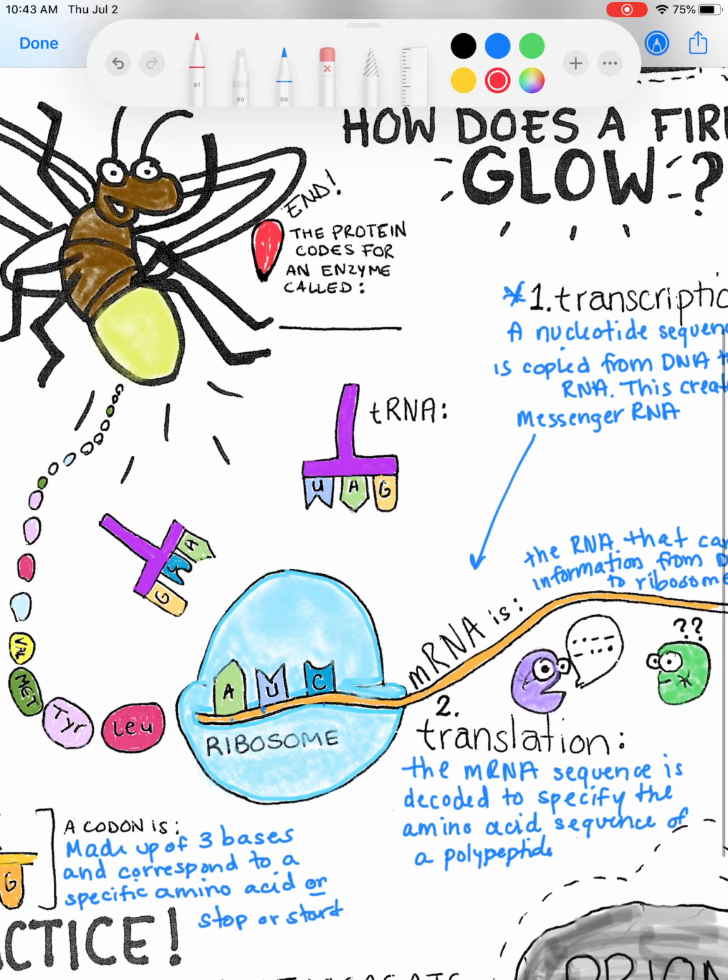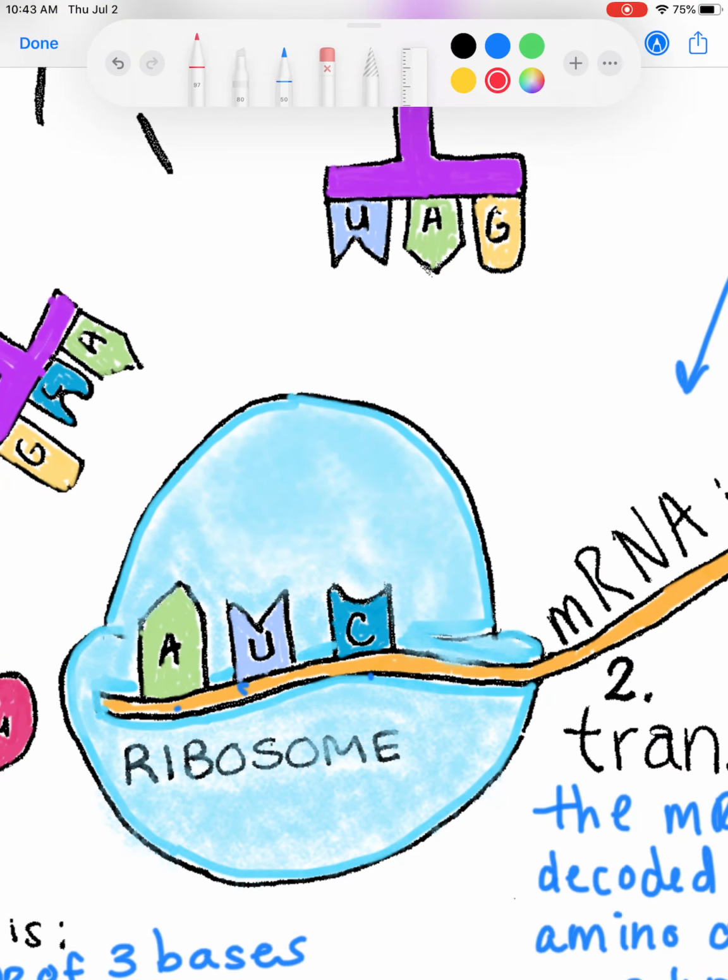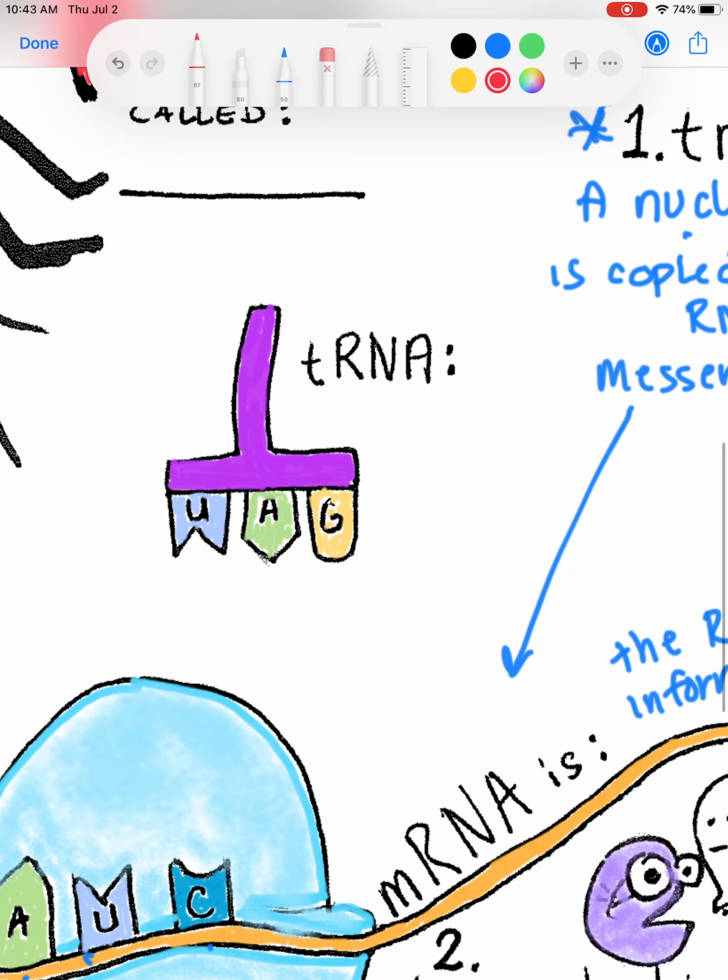Okay, so if we go up to our ribosome, we see that the ribosome here is reading these three bases and calling for an amino acid. That amino acid is brought over by what's called the tRNA, and the T stands for transfer. It's grabbing those amino acids and bringing them in, so the tRNA. And it carries the amino acid to the ribosome.